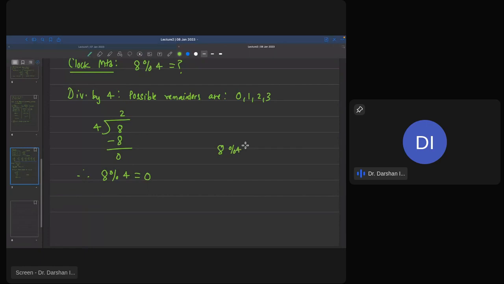I create a clock around this. The possible remainders: I start writing 0. You can write anywhere, it's like a clock. I'm preferring to write it from here. Then I write 1, then 2, and then 3. I'm just evenly distributing it.